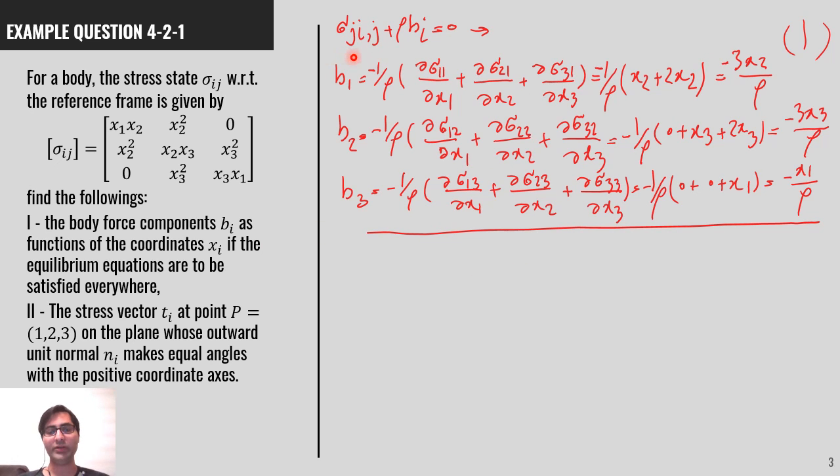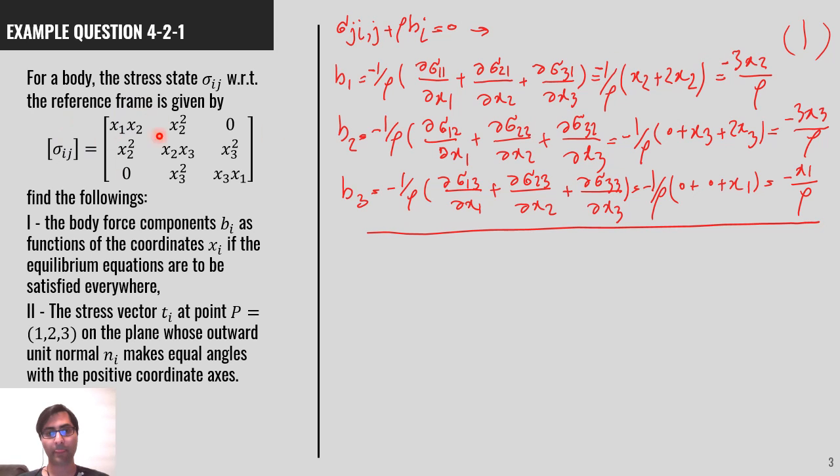So the equilibrium equation is divergence of sigma plus rho b becomes 0. For i equal to 1, as a result we get b1 is equal to minus 1 over rho multiplied by partial sigma 11 partial x1 plus partial sigma 21 partial x2 plus partial sigma 31 partial x3, which gives us basically partial sigma 11 partial x1 is x2.